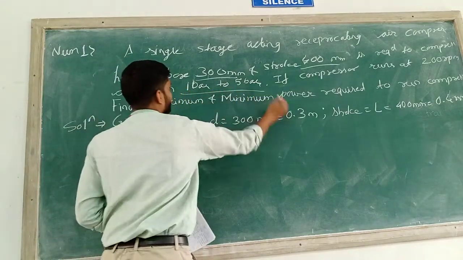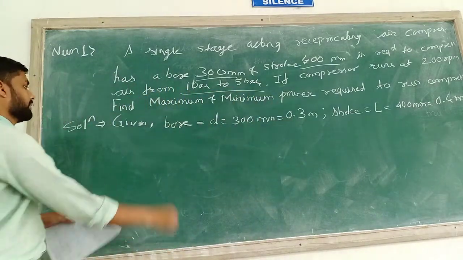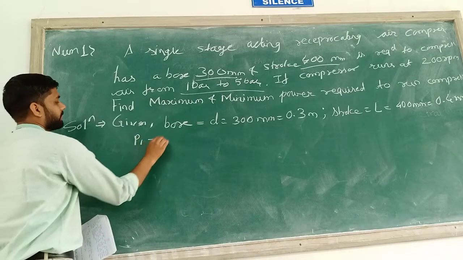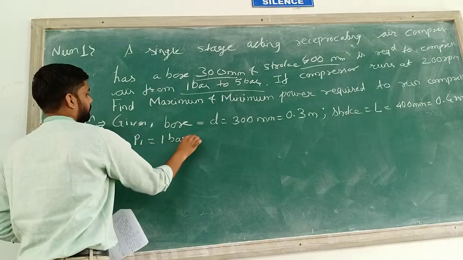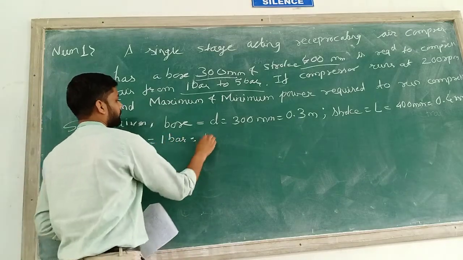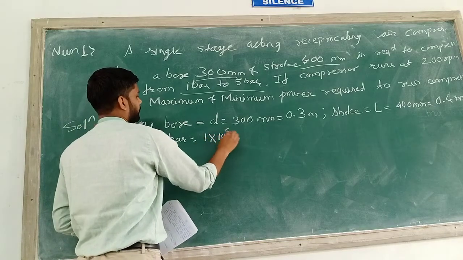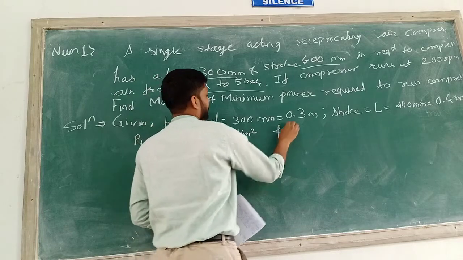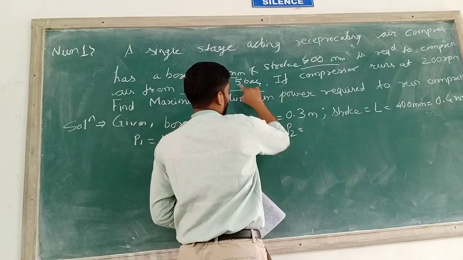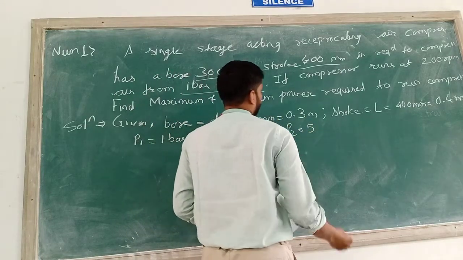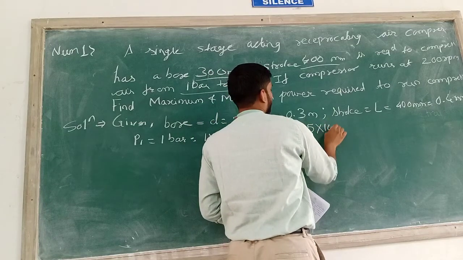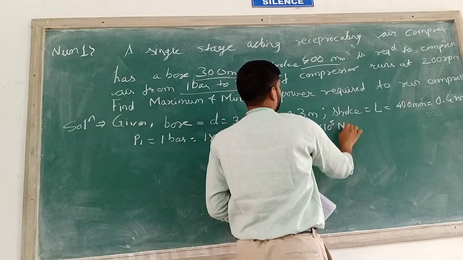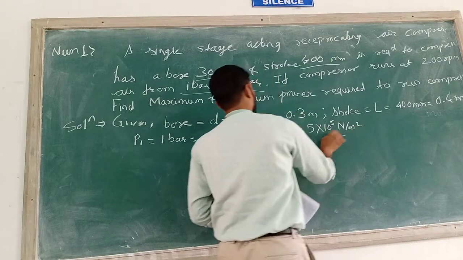Then the value of pressure is given here. So initial pressure P1 is 1 bar. We need to convert this bar into Newton per meter square, so 1 into 10 to the power 5 Newton per meter square. And the final pressure P2 is 5 bar, so 5 into 10 to the power 5 Newton per meter square.